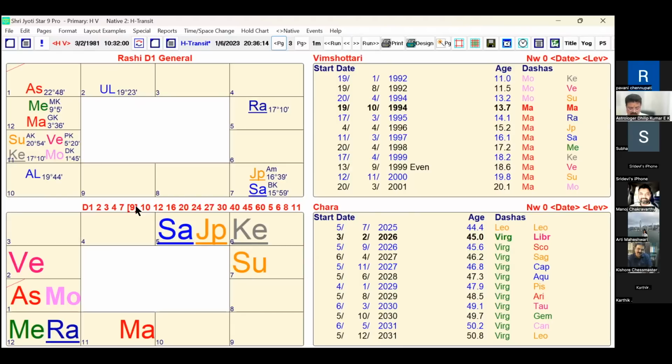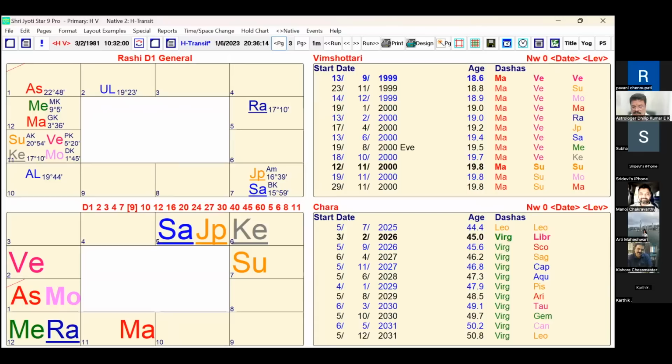And what is the other one? 22nd Drekana. Okay? 22nd Drekana. So we'll keep this up on top and then go to the next level. What is the Pratyantar? Mercury, Guruji. Mercury.